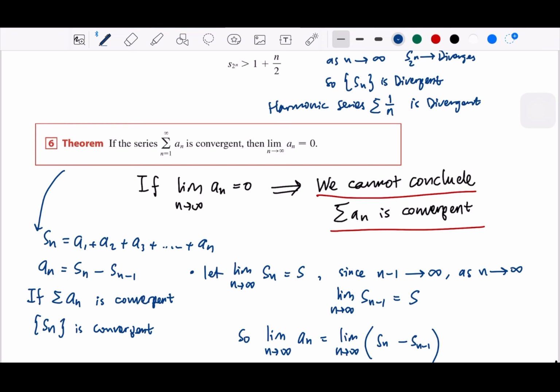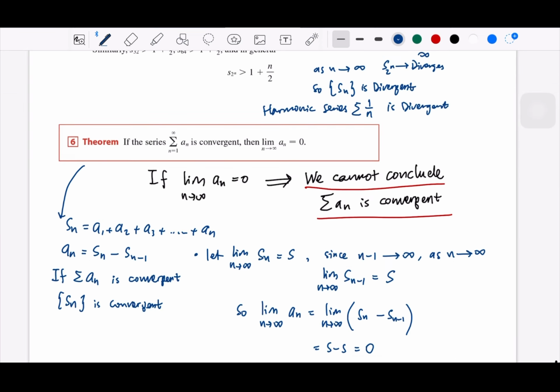But then, if we take another approach with the limit, if the limit is not equal to 0, then the sum is divergent. We can make that conclusion as well. Okay, let me write.